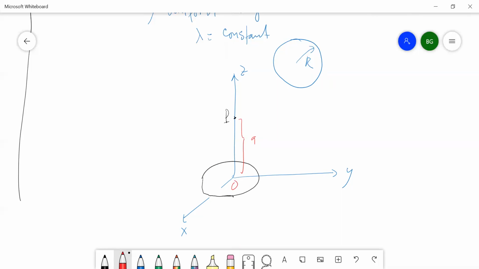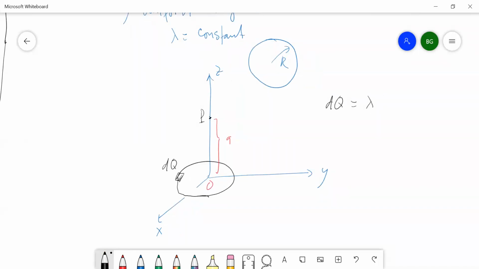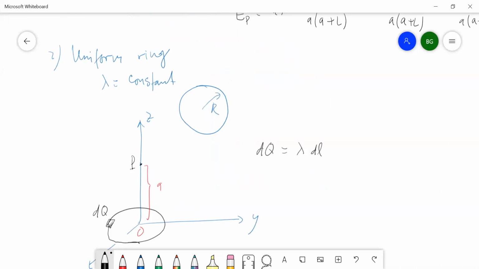If we consider the infinitesimal charge dq, which is lambda dl. Looking from the top, dl equals r d theta, where d theta is the angle.